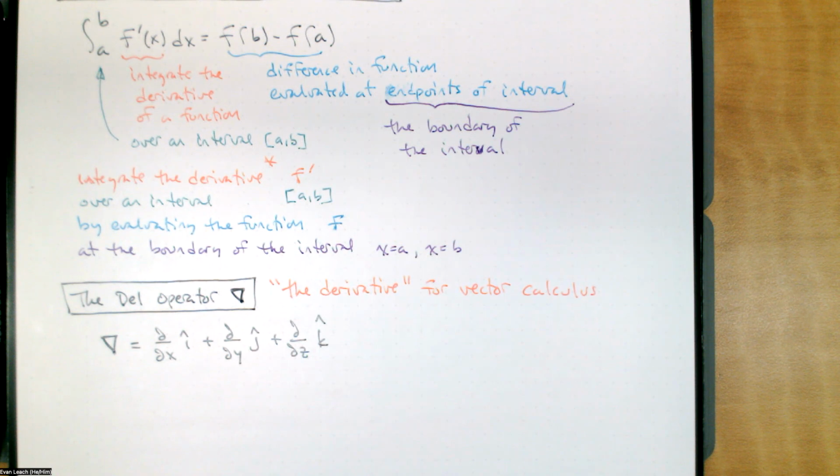Unsurprisingly, since I'm calling it a derivative, it's going to involve all of our partial derivatives. Partial with respect to x, partial with respect to y, and partial with respect to z. And I made a vector out of it in kind of the most obvious way possible. The partial with respect to x i, plus the partial with respect to y j, plus the partial with respect to z k. If I said make three partial derivatives and make a vector out of it, this is probably the way that you would do it. I like it when math just does the obvious thing.